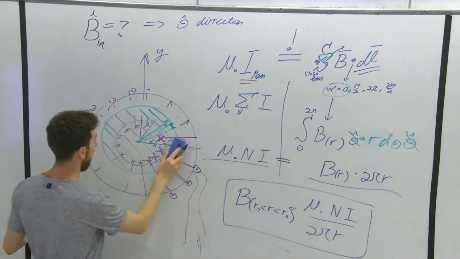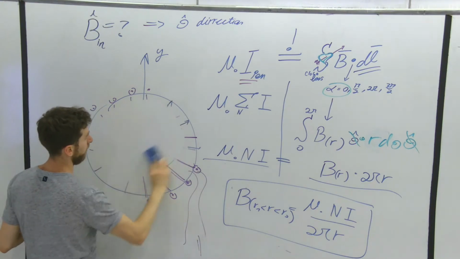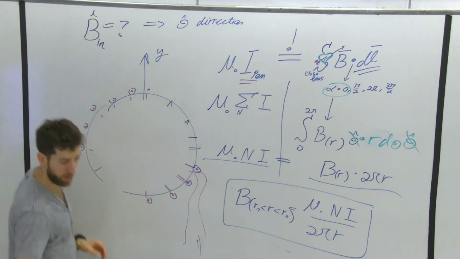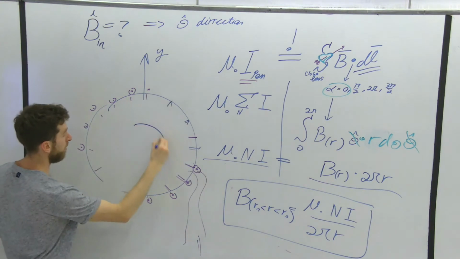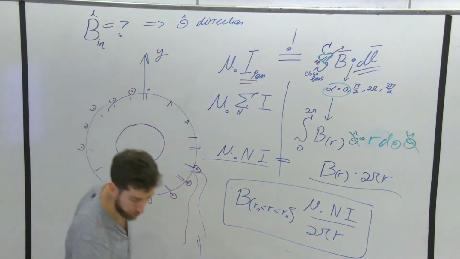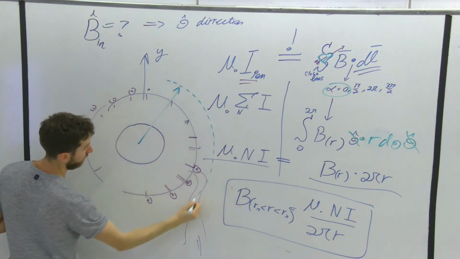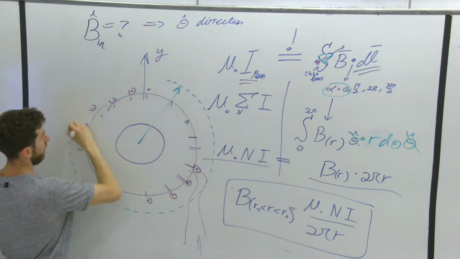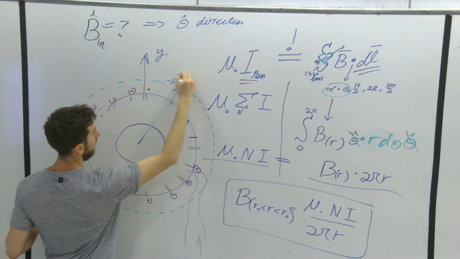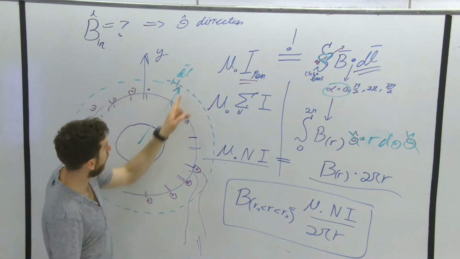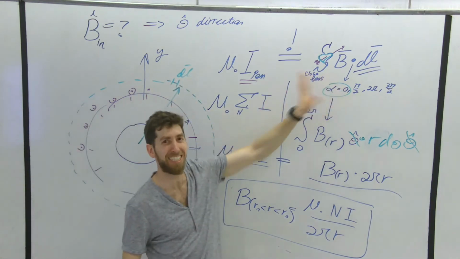So I'm cleaning this picture. Okay, so I have this toroid. This is my toroid, and now I choose my loop to be this loop outside. See it? This is the loop, this is dl, right? So the right-hand side stays the same.